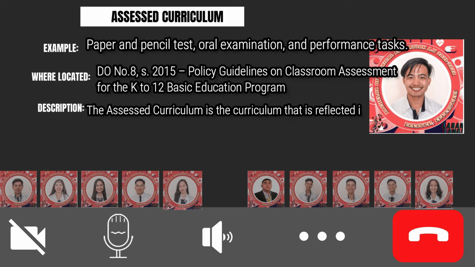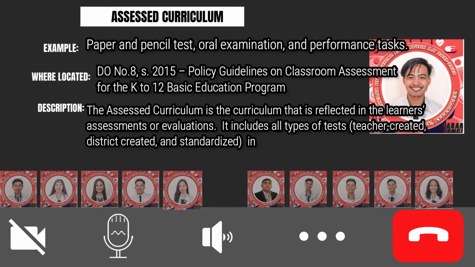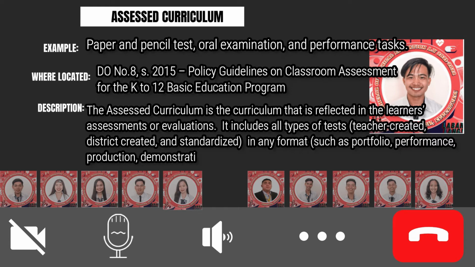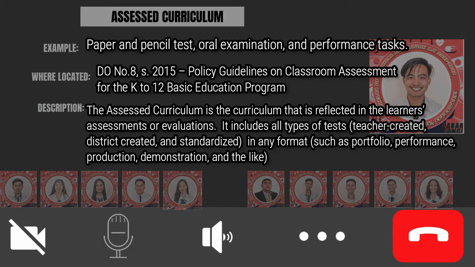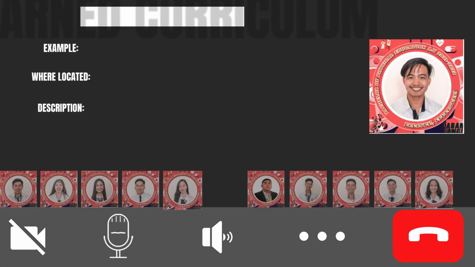The assessed curriculum is the curriculum that is reflected in the learner's assessments or evaluations. It includes all types of tests, such as teacher-created, district-created, and standardized in any format such as portfolio, performance, production, demonstration, and the like.